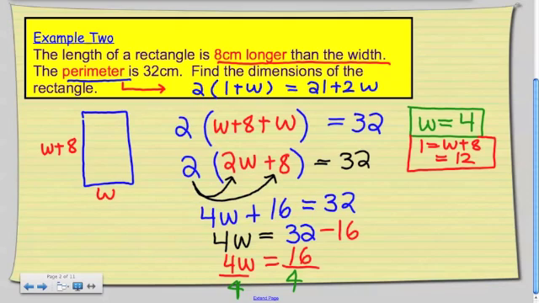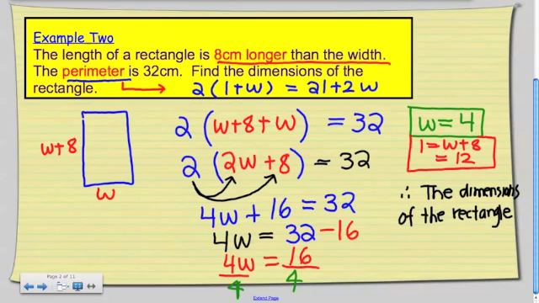So the question is asking to find the dimensions of the rectangle. So we have to write a written statement. The dimensions of the rectangle are 4 centimeters by 12 centimeters.